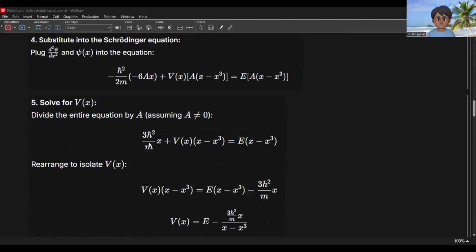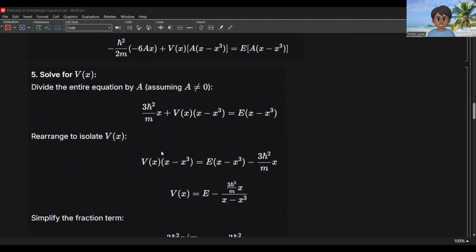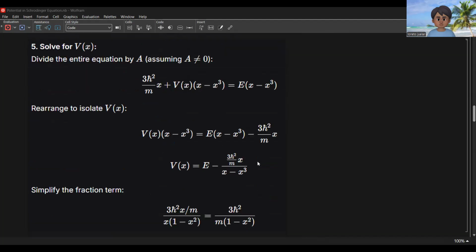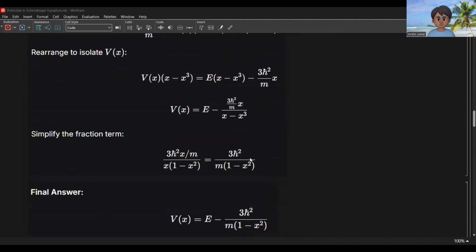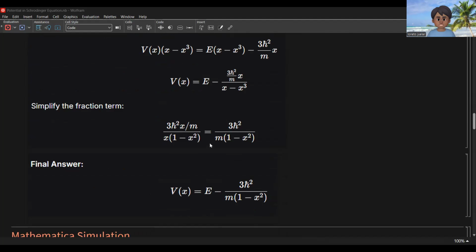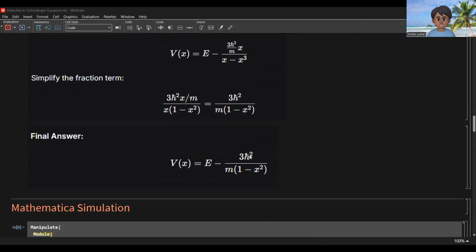By simplification, 3 h bar squared over mass times x, plus the potential V of x times x minus x cubed, is equal to E times x minus x cubed. So rearrange to isolate V of x. Finally, by simplification, V of x is equal to E minus 3 h bar squared over the mass times 1 minus x squared.